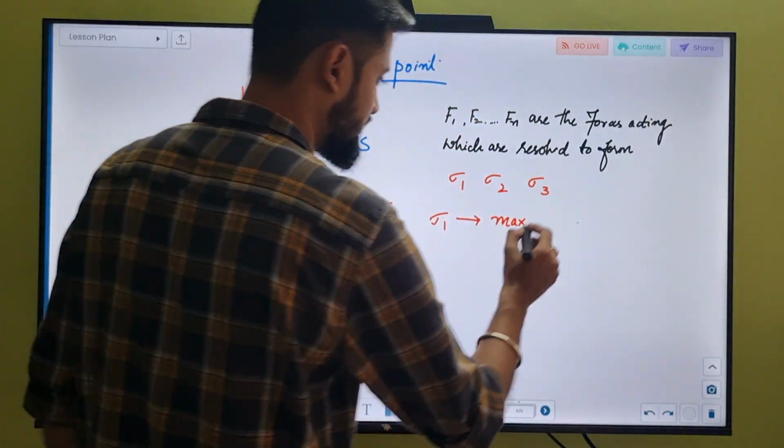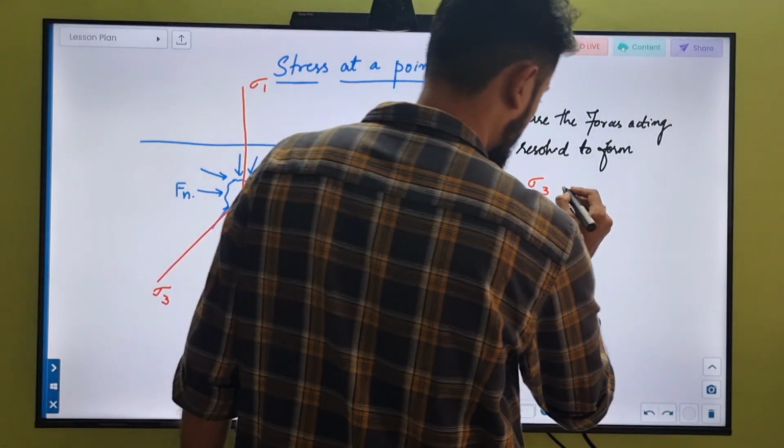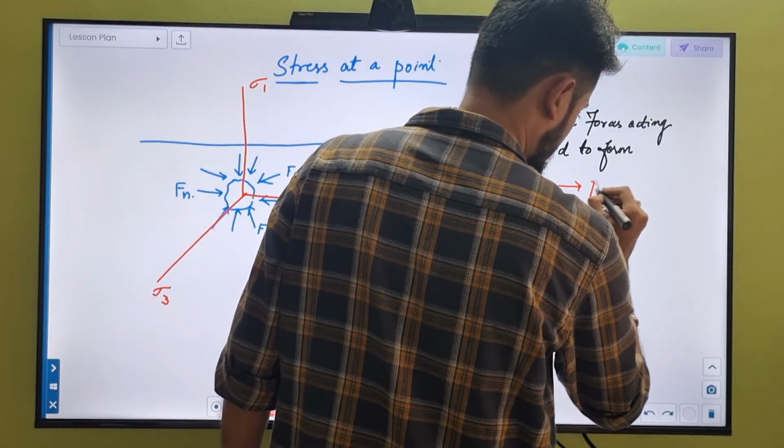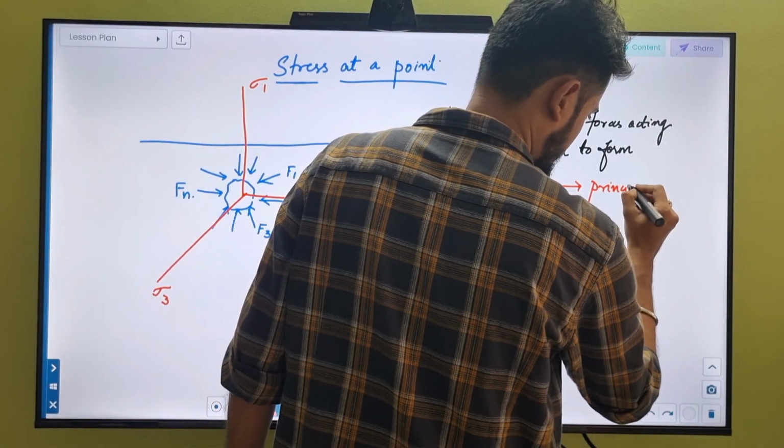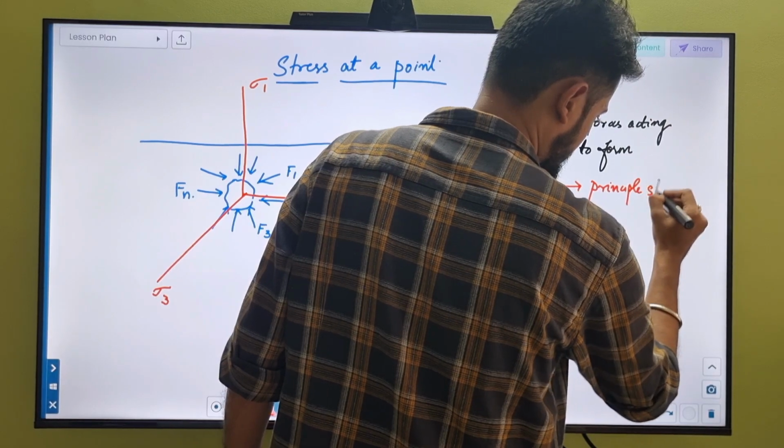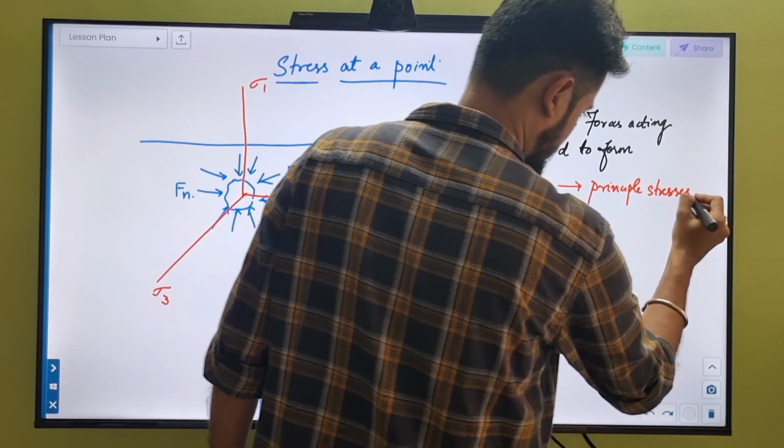Sigma 1, sigma 2, sigma 3 are the principal stresses.